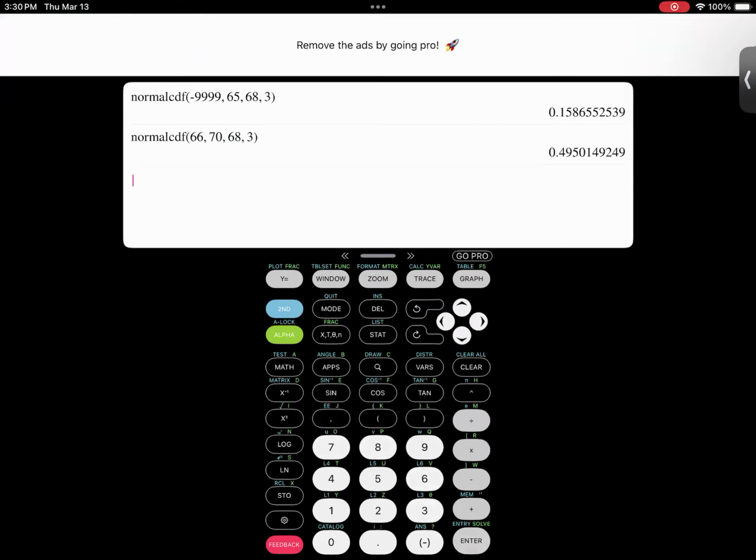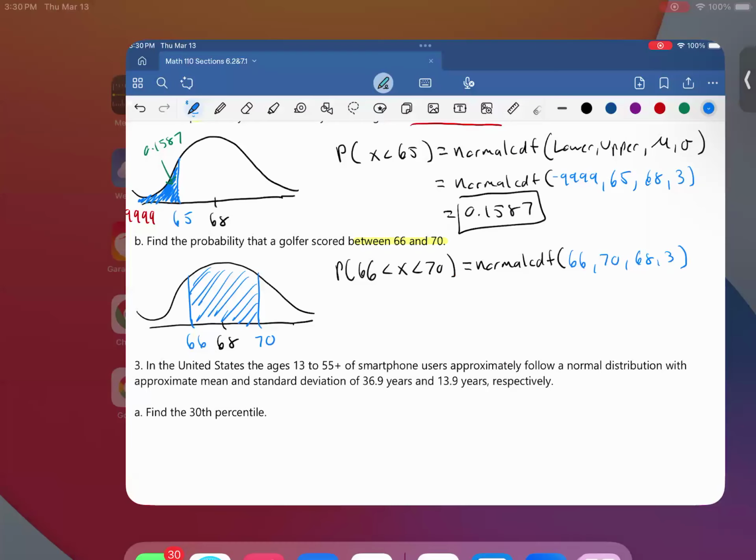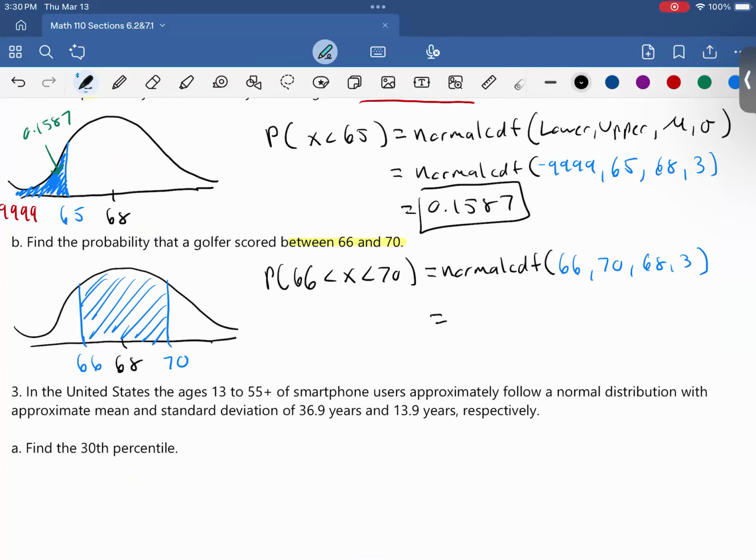We hit enter, and we get our probability, 0.4950. Let me go ahead and write that down. So we get 0.4950. And that's this shaded region right here. That's exactly what we found, that area right there.